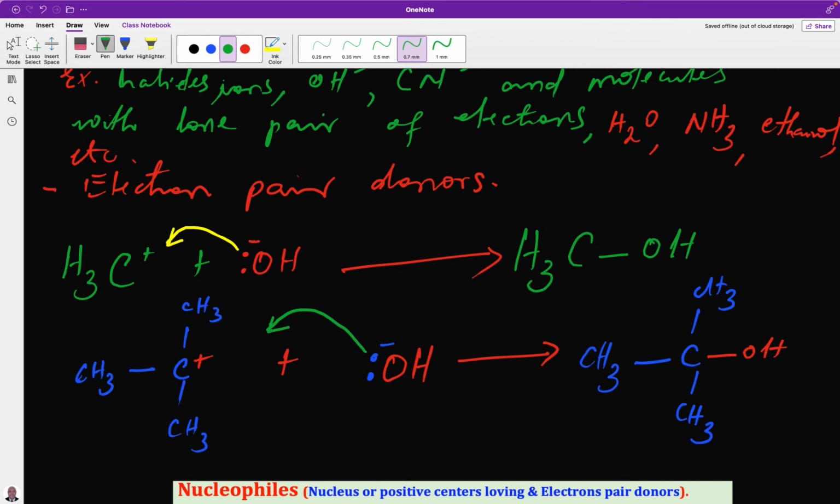So this is how the whole mechanism moves. So as I said, when a nucleophile donates a pair of electrons, this results in the formation of a new covalent bond.